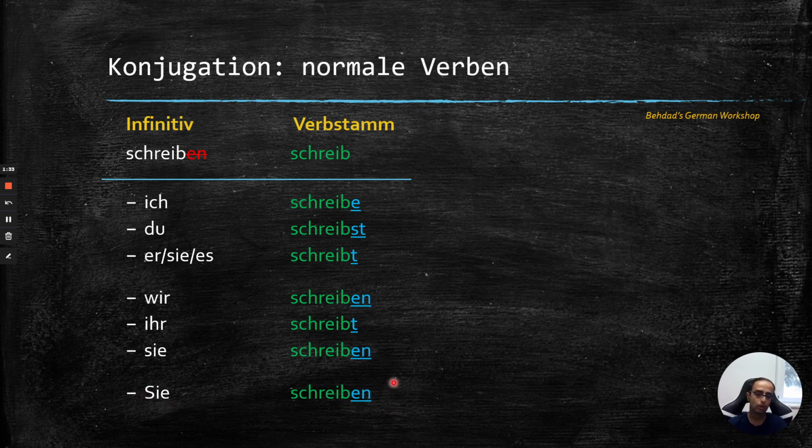So the formal you also has an en at the end. And what we see here is basically the root of the verb, the Stamm, plus the appropriate ending for each pronoun. Ich, I, du, you, sie, es, he, she, it, wir, we, ihr, you for the informal form of plural, sie, they, and Sie, formal you.